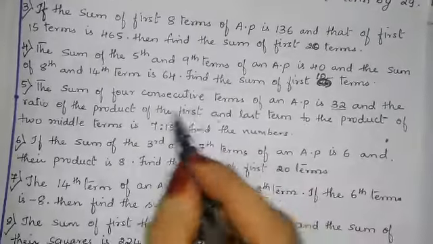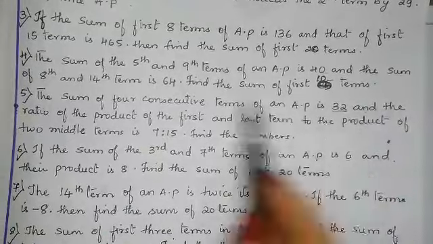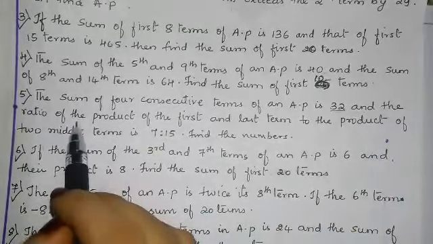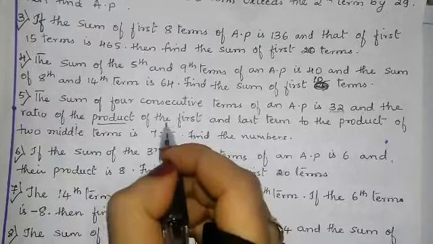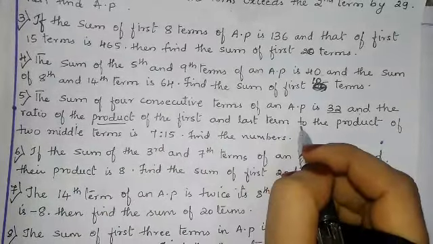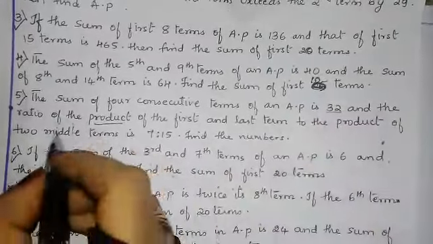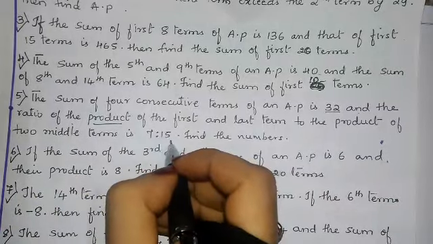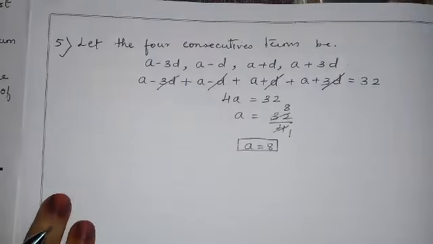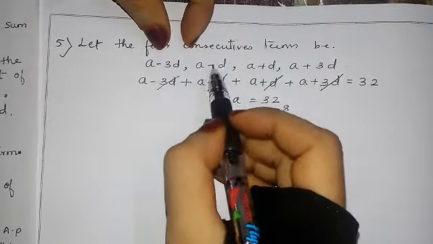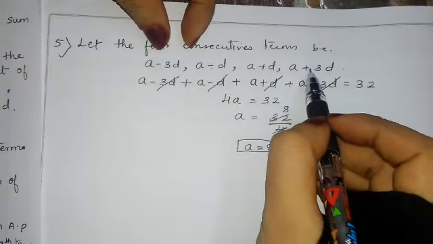So the second condition in this question is the ratio of the product of first and last term to the product of two middle terms is 7:15. So we have to understand it well. First term, second term, third term, fourth term.